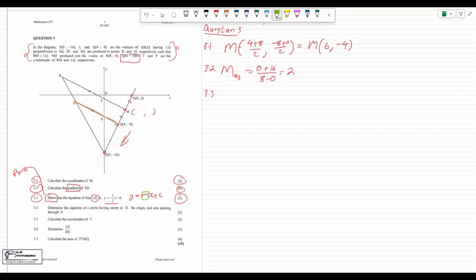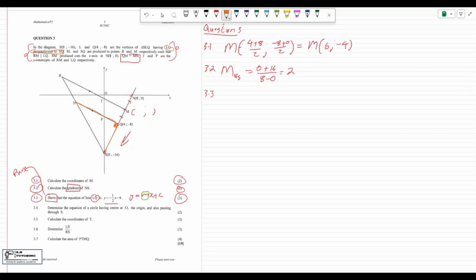And you will note that line LQ and line LS are perpendicular. They give it to me. They told me even somewhere on the problem statement. I just can't see it now. Yes, LQ is perpendicular to SQ.